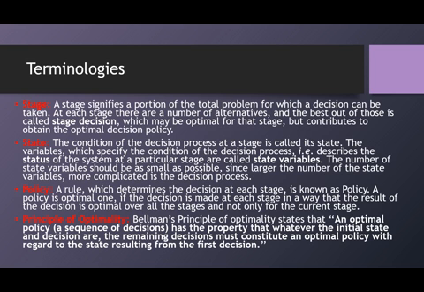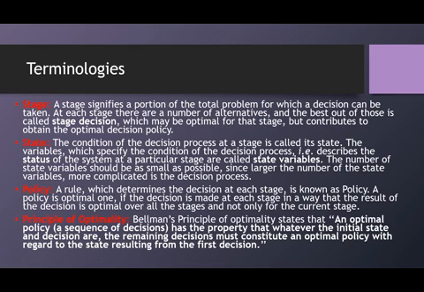So now we will have a look at a few terminologies that we will be using in dynamic programming. The first term is called the stage. A stage signifies a portion of the total problem for which a decision can be taken, right? So this is a part of the problem for which an individual solution can be found.